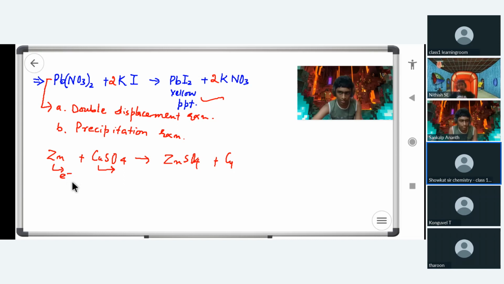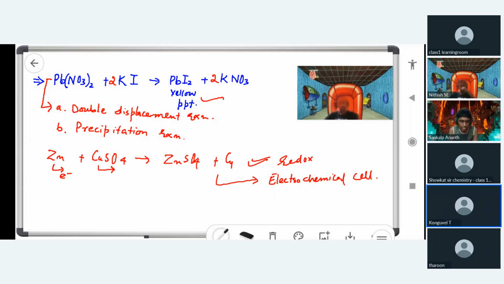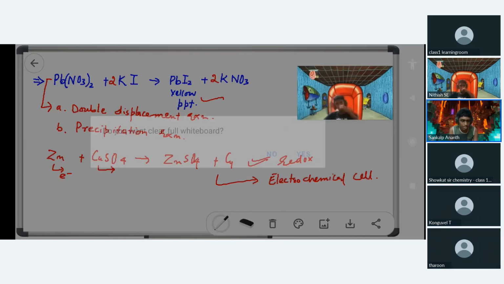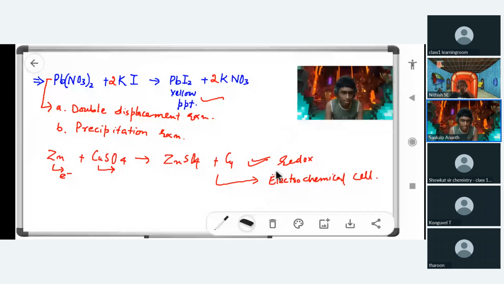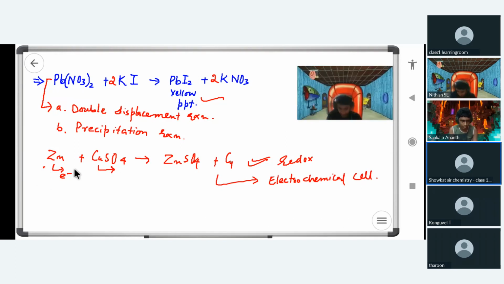So we can use this redox reaction in the formation of an electrochemical cell. Zinc is the anode and copper is the cathode. I have just shown you the diagram of this type of electrochemical cell in which this redox reaction takes place.